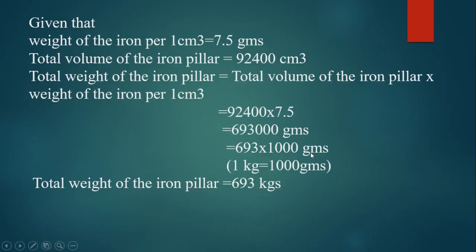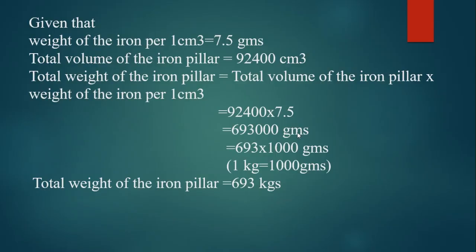693 into 1000 grams. That means 6,93,000 grams we got. We know pretty well 1 kg is equal to 1000 grams. We can convert the weight into kilograms also. If you have calculated till here in grams, it is correct, not a problem, because everything is given in centimeters.